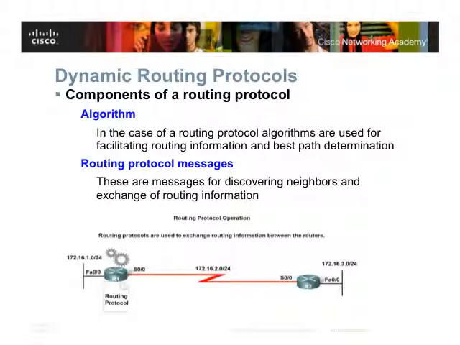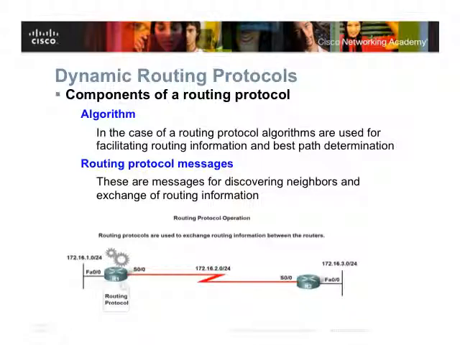The main components of any routing protocol are divided into two major parts, or maybe we could say three major parts. One part is the algorithm, and the algorithm is the one that facilitates the exchange of messages and determines the best path based on collecting these messages.